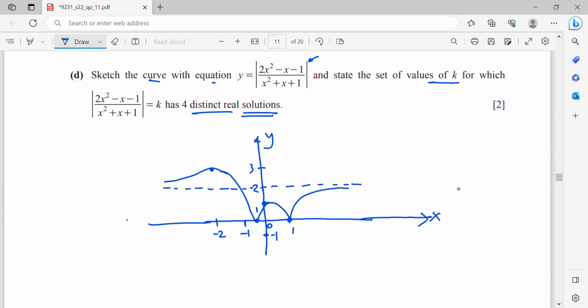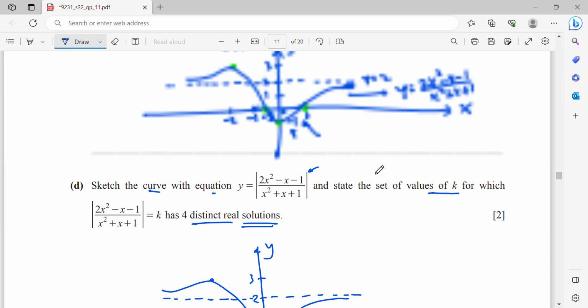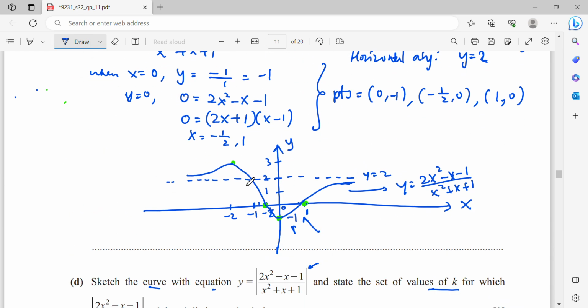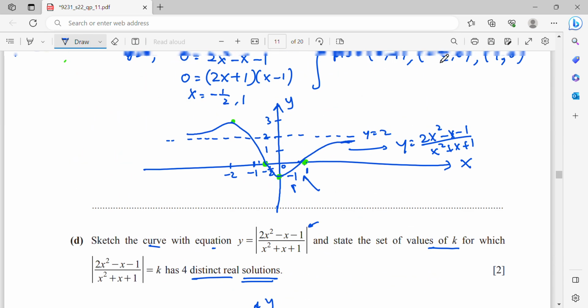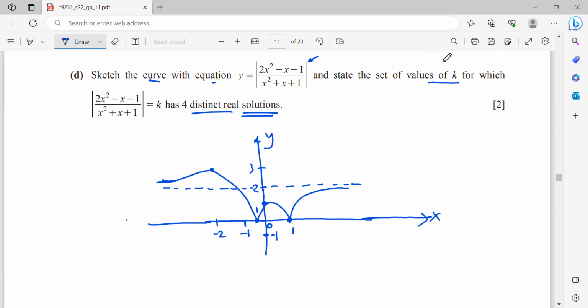So draw a smooth graph. Let's check back. Previously like this. Okay, so this is your graph, y equals modulus.